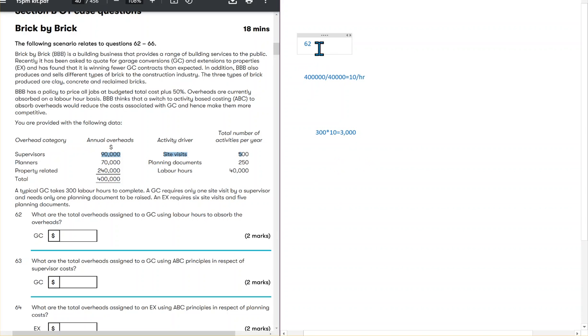Okay, 90,000 divided by 500 will give us cost per visit. And GC requires only 1 site visit. If it requires 1 site visit, then it is 180. You could just multiply it by 1 if you want.